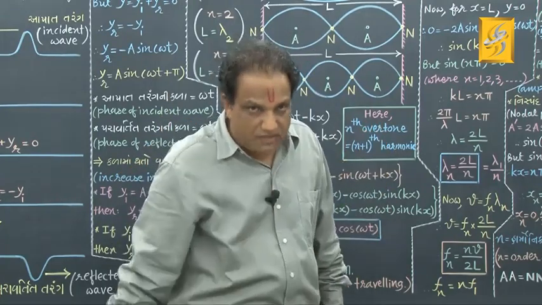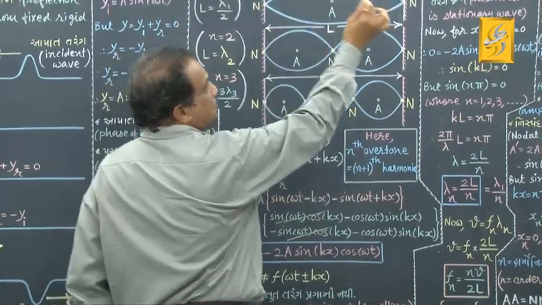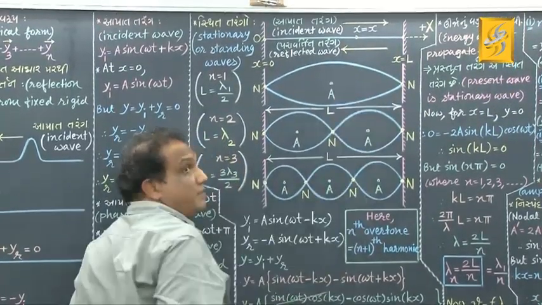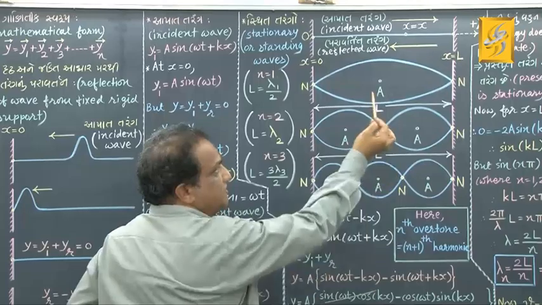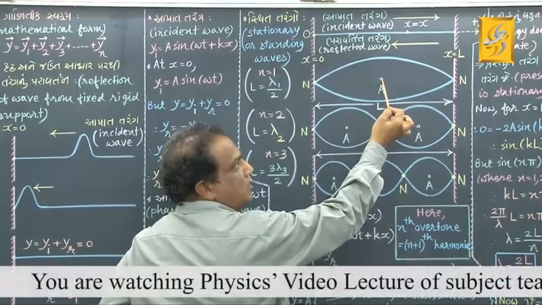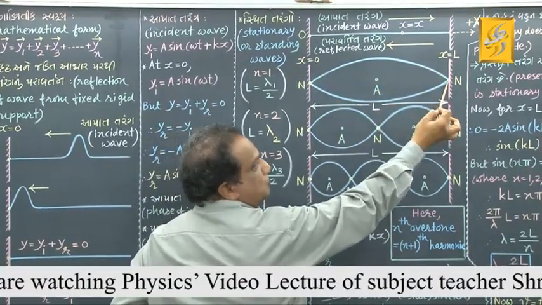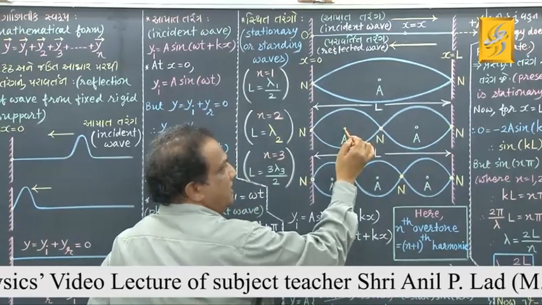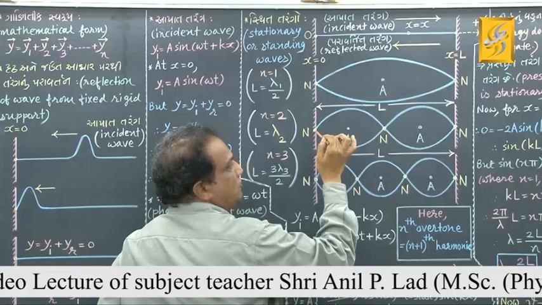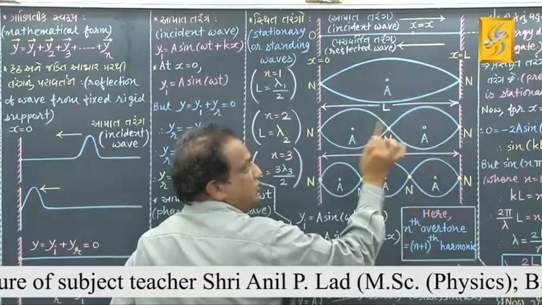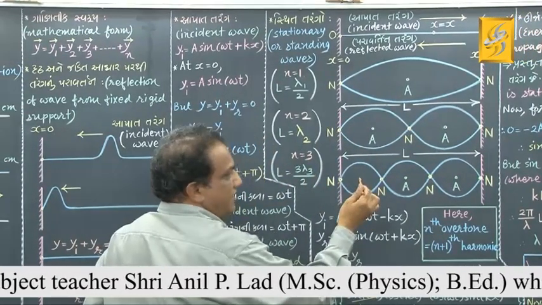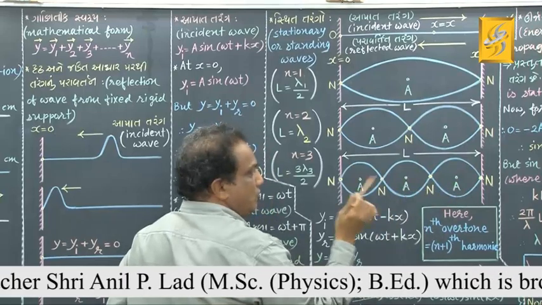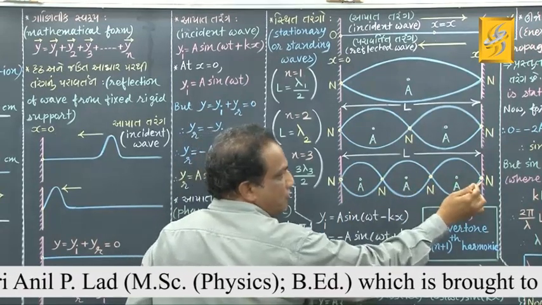And have you noticed one thing? The number of nodes is greater than the number of antinodes by 1. Here in this figure, the number of antinodes is only 1, but the number of nodes is 2. 2 is greater than 1 by 1. Number of antinodes is 2, number of nodes is 1, 2, 3. 3 is greater than 2 by 1. Number of antinodes here is 3, number of nodes is 1, 2, 3, 4.